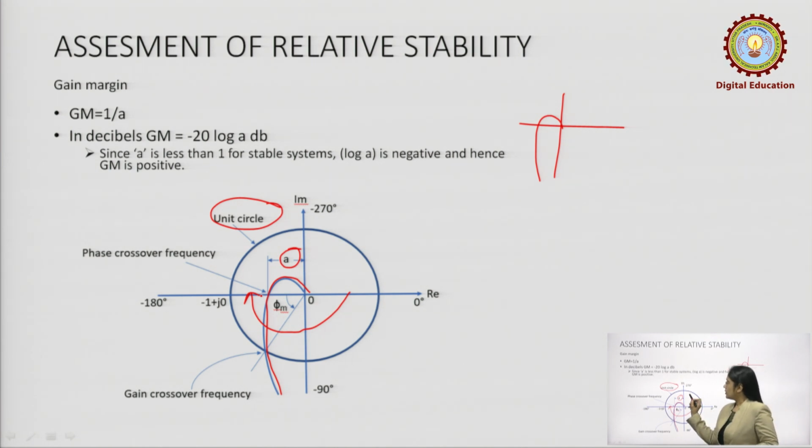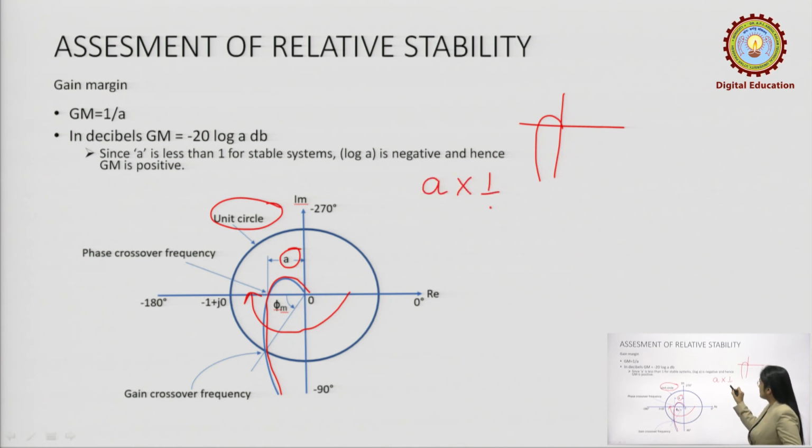Now, for this A to be 1, where 1 is the margin at which the system is marginally stable, that is limitedly stable, we have to multiply A by 1/A, and this results in 1.